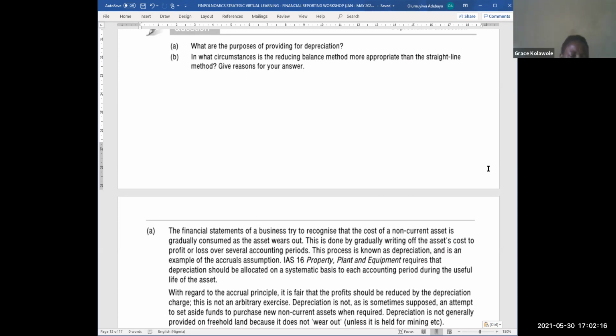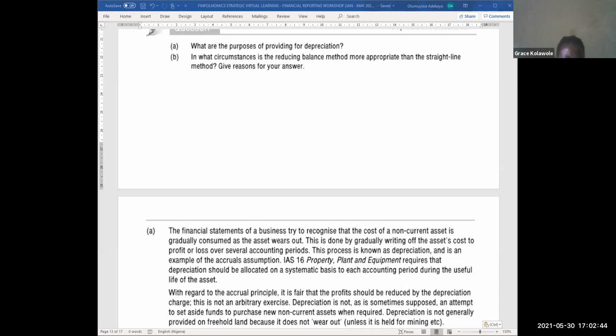The financial statement of a business tries to recognize that the cost of a non-current asset is gradually consumed as the asset wears out. This is done by gradually writing off the asset cost to profit or loss over several accounting periods. This process is known as depreciation and is an example of the accrual assumption.